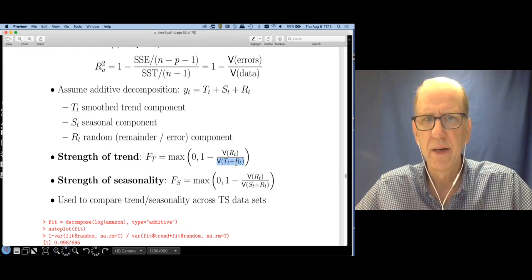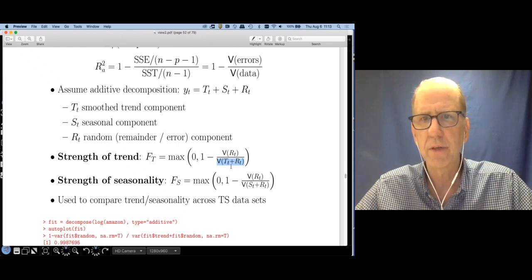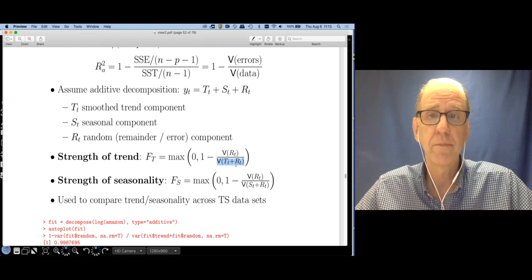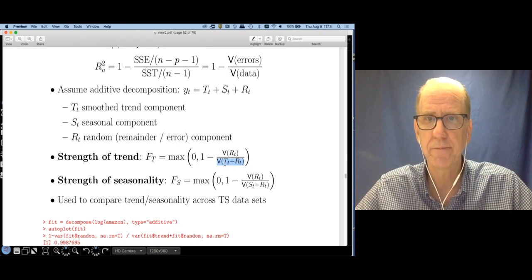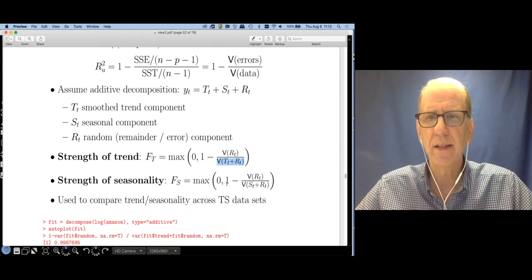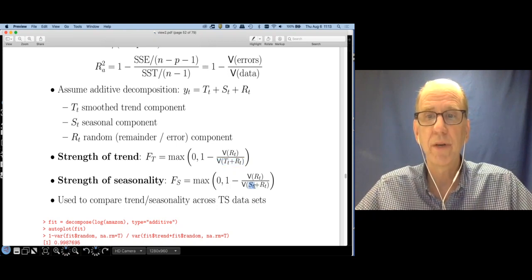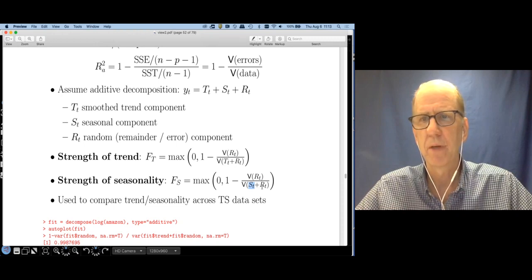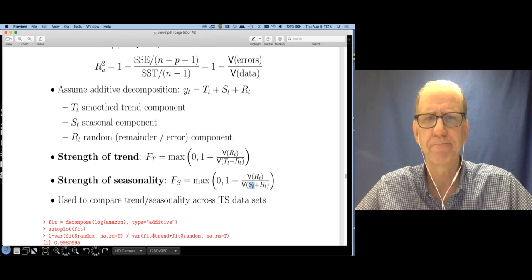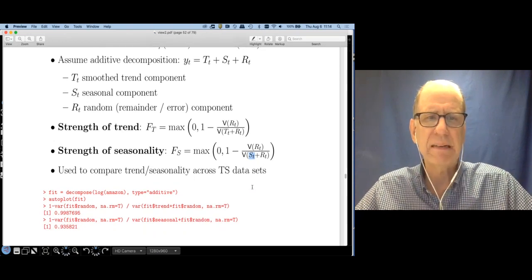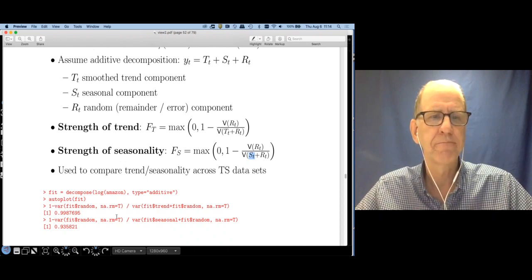So it's kind of like what fraction of the variance in the trend plus random is due to the trend as opposed to the random part. The strength of seasonality is going to be very similar to that, except that I'm just going to put the variance of my seasonal component in instead of the variance of the trend cycle part. And I don't know of an easy way to compute this other than doing it directly.